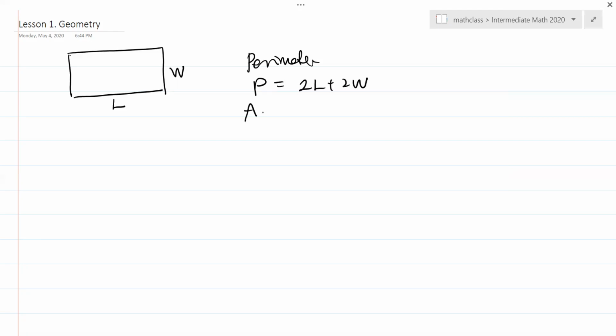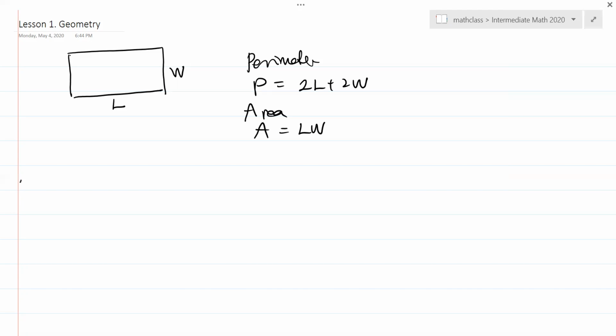The area A is going to be L times W. And that's what they have here. Now, what kind of problems can we ask? Later on, maybe we will look at some mixture of problems, maybe we're talking about circles also.